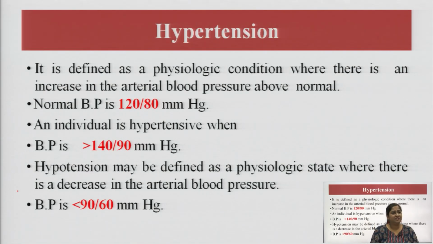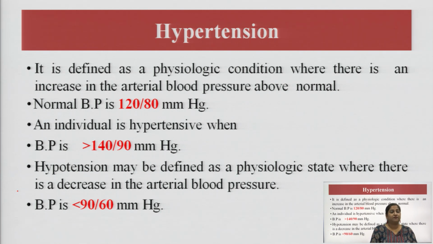Hypertension is a physiological condition where there is an increase in the arterial blood pressure above normal. So, what is the normal blood pressure we have seen? That is 120/80. 120 is the systolic blood pressure, whereas 80 is the diastolic blood pressure, and it is measured in the unit mmHg.